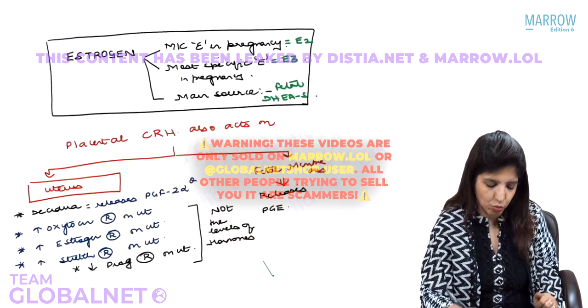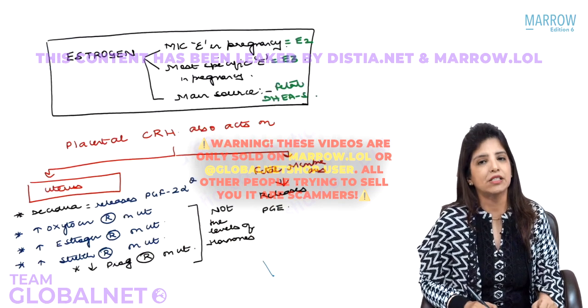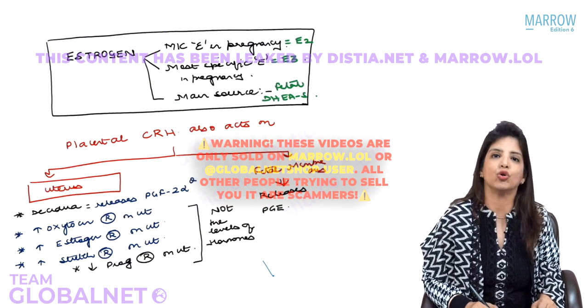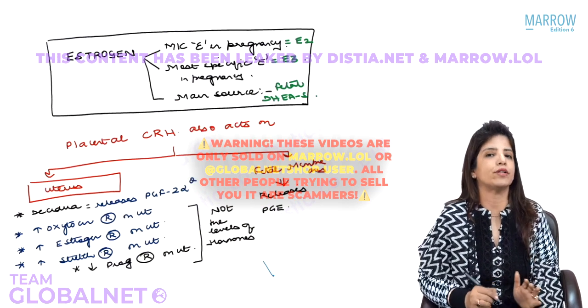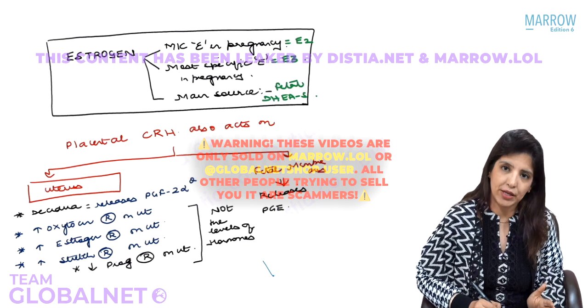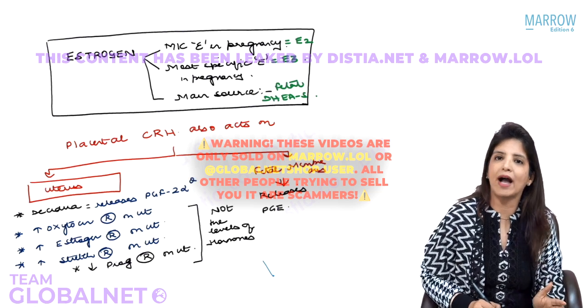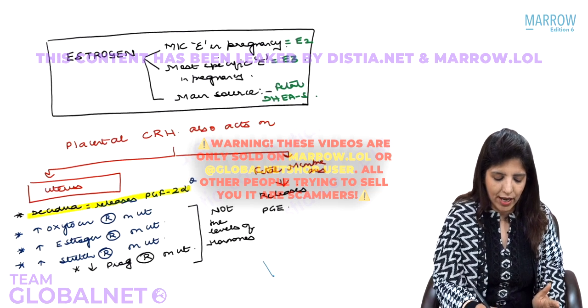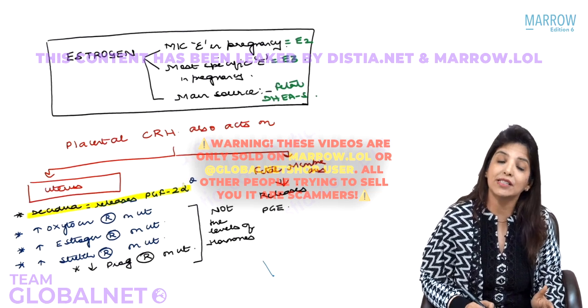Not only this, what other things is placental CRH going to do? This placental CRH is going to act on the uterus, and it is going to act on the fetal membranes. Now, when it acts on the uterus, it is going to release PGF2 alpha from the decidua.